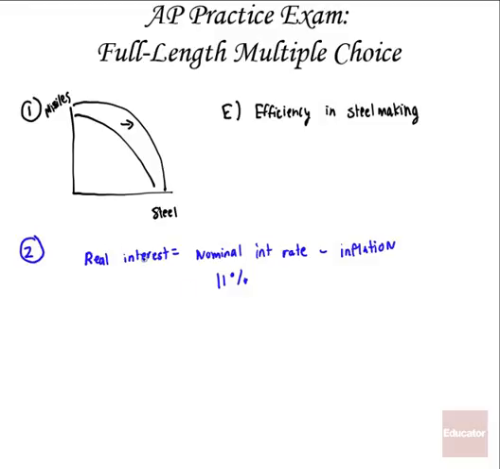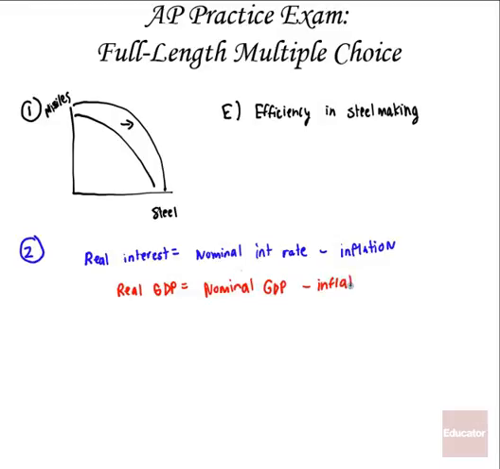Here, I know I put interest rate, but I'm going to revise this. It's a true statement, so I'm not going to erase it, but I'm going to revise this to real GDP equals the nominal GDP minus inflation.